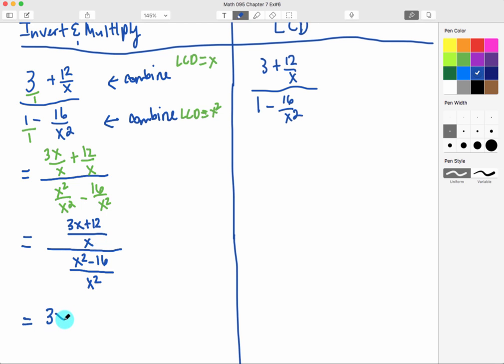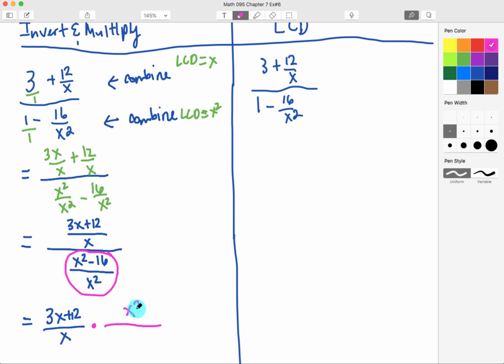I'll take the 3x plus 12 divided by x, do nothing with it except write it down. And now this big fraction bar is really just a big division bar, but if I invert my second fraction, invert the denominator, I can now turn this to multiplication.